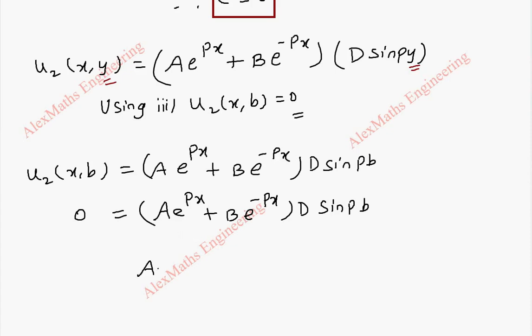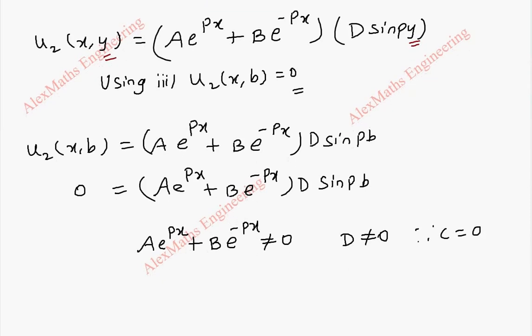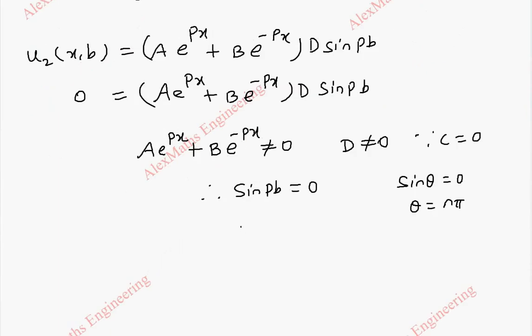Here, this entire term, which we already discussed, a e^(px) plus b e^(-px), is not equal to 0, and again d cannot be 0 since we already had c as 0, because in the same factor two constants cannot be 0, otherwise the solution becomes 0. Therefore, the only possibility is sin pb equal to 0. It means when sin theta equals 0, theta is n pi. So this pb must be n pi. So p is n pi by b.